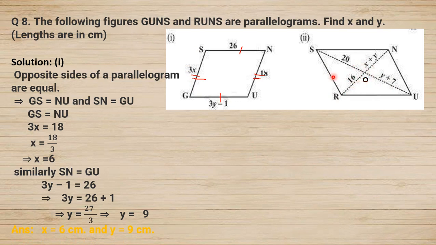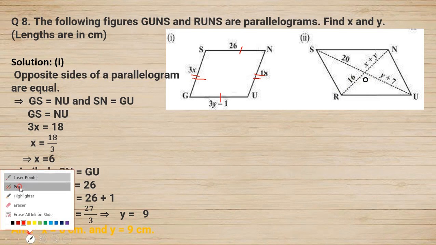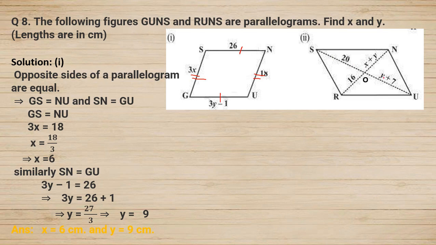So as we know that in a parallelogram, diagonals bisect each other. The meaning of the diagonals bisecting each other is that where the diagonals intersect each other, this is the point O. From this point O, the diagonal RN is divided into two equal parts. That means OR is the first part of the diagonal RN and ON is the second part of the diagonal RN.